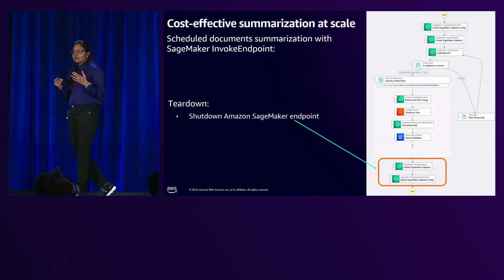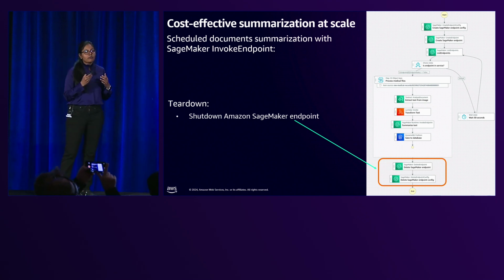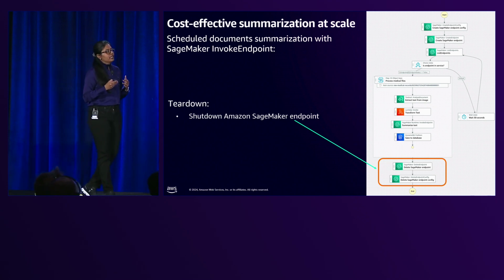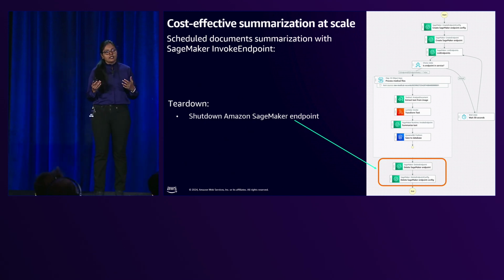By making sure this endpoint is handled ephemerally, you are saving cost. You are running your model only when you need it. If you're using Bedrock, there is a batch inference API. This allows you to send a bunch of prompts in batches. So that's another way to save cost if you are summarizing batches.